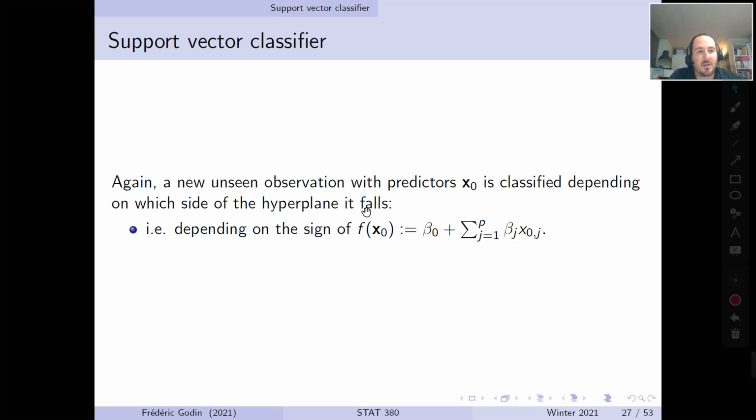Depending on the sign of f of x0, it tells us on which side of the hyperplane this observation falls, so how to classify it. And the magnitude, the absolute value of f of x0, tells us how far away this observation is from the hyperplane, so it gives us a measure of confidence about our prediction.